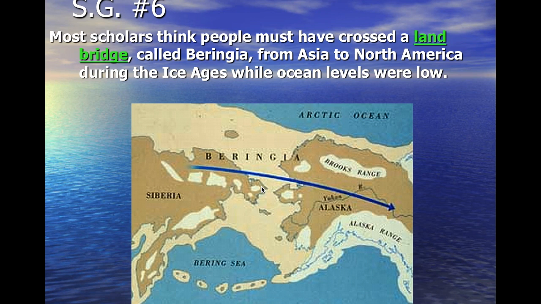So this little patch of space here, which would be ocean now, kind of froze over, and people were able to just walk right across from this is Asia into North America, right there where you see Alaska. We call this area now the Bering Strait. I think you've talked about land bridges before when you studied Native Americans.